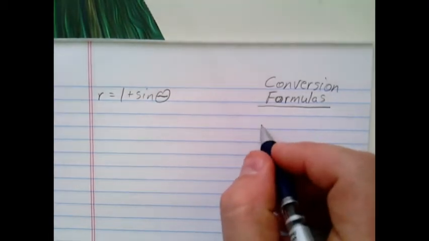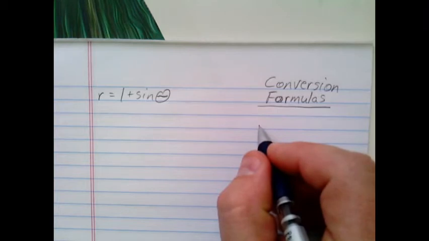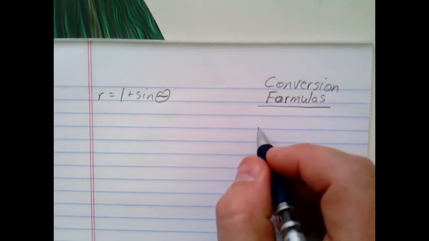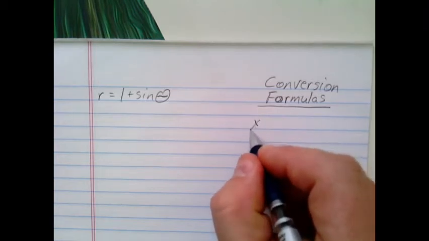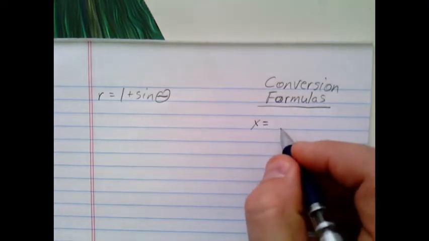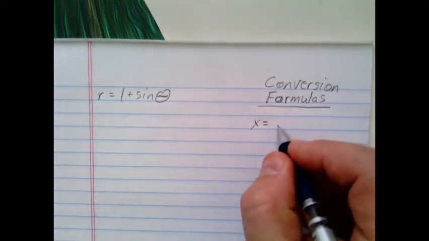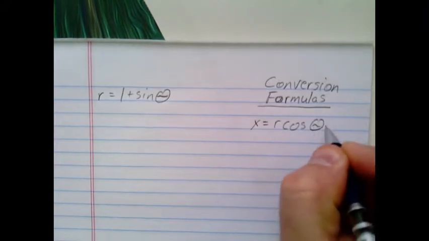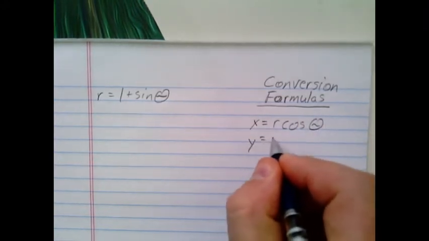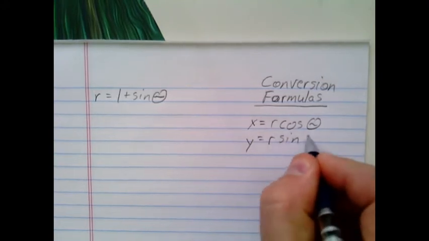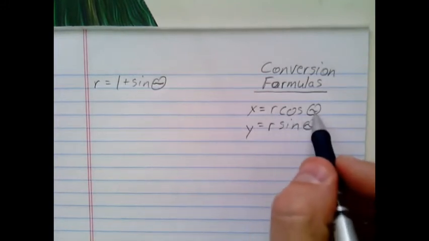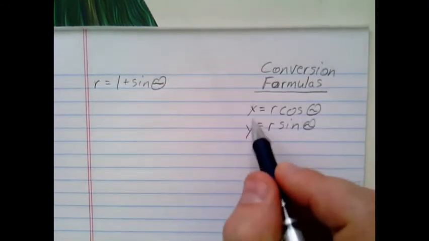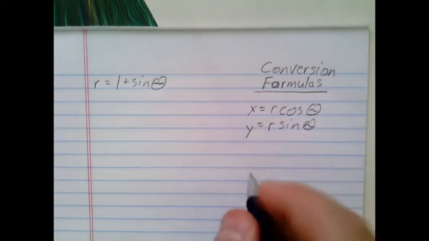The formulas that allow us to convert, now this would be if we were converting points, the formulas that allow us to start with r and theta and go over to x and y are x equals r cosine theta and y equals r sine theta. So if we knew the values of r and theta, we could plug them into these formulas to get the rectangular coordinates x and y.